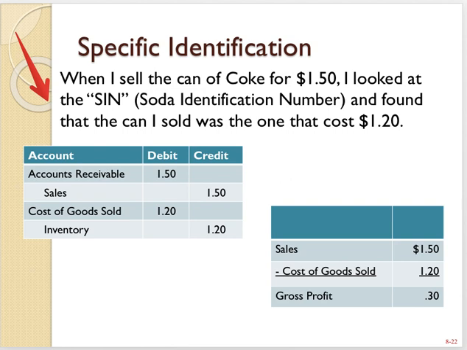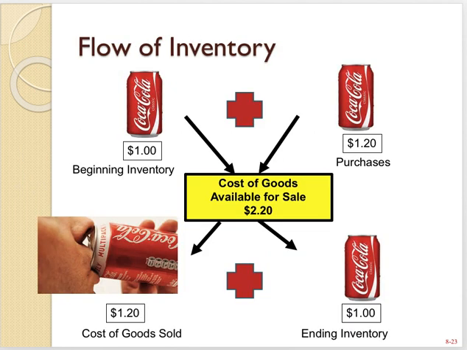Now if we look at what happened in the flow of inventory, it goes like this. In our beginning inventory, we had a can of Coke that cost $1. That's the first one that we bought. Then we added the second can that we purchased for $1.20. If you add those two together, our cost of goods available for sale was $2.20. Then one of two things could have happened to that can of Coke.